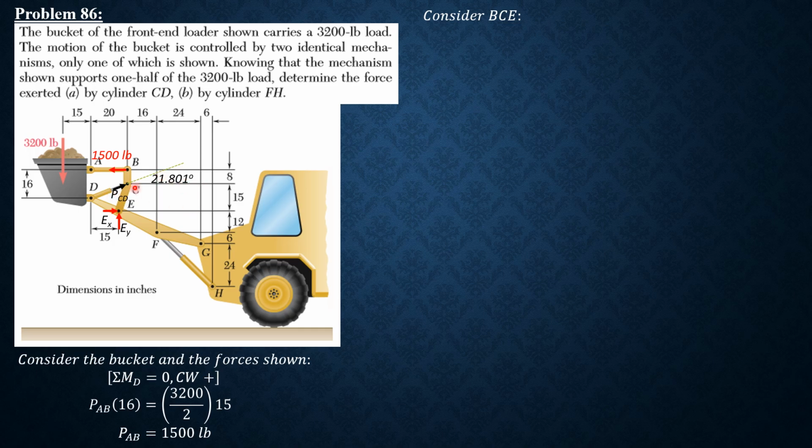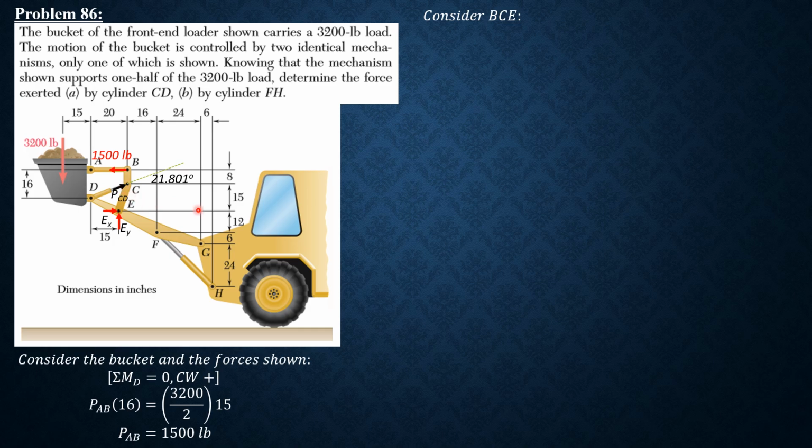So PCD has two components, horizontal and vertical. Horizontal is rightward, vertical is upward. The horizontal component produces clockwise moment about E, while the vertical component produces counterclockwise about E.